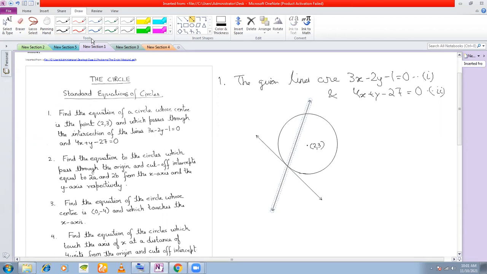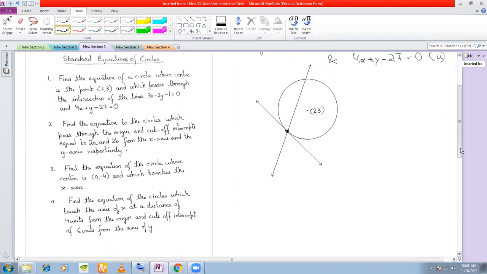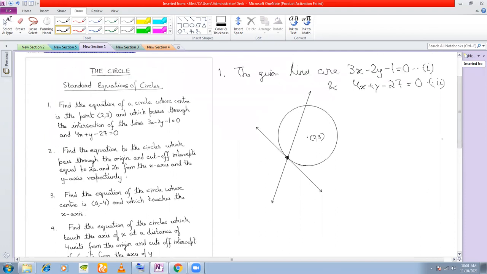So this circle passes through the intersection of these two lines. Okay, so you need to find the equation of this circle, right? So now how do you get the point of intersection of two straight lines?